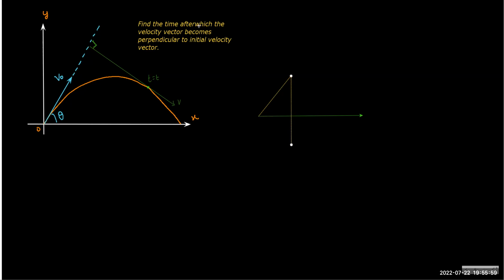And see, the GT is big enough. This is the V naught. Look at this, it's so easy. You can do it in one line. Just try to realize this.